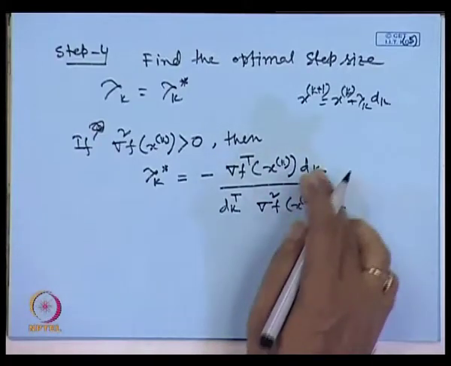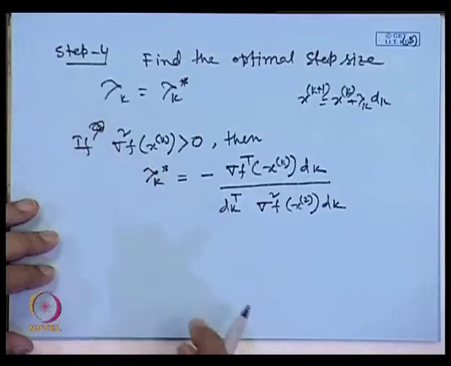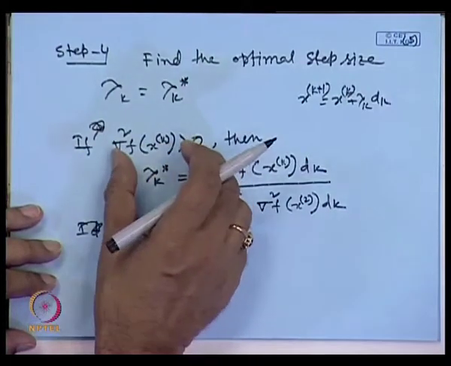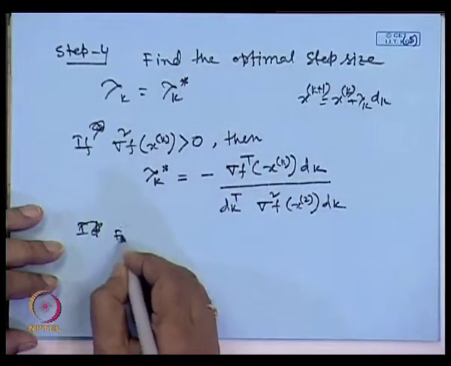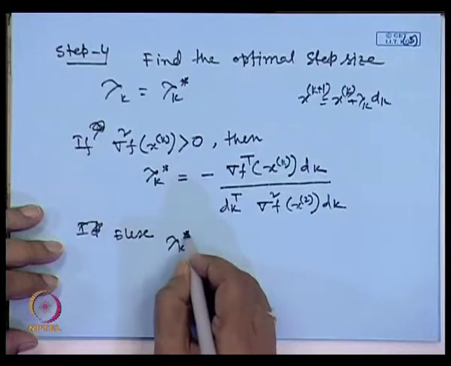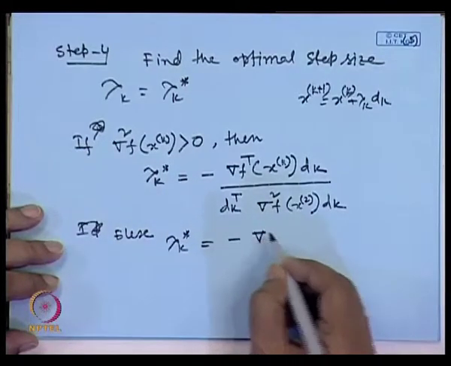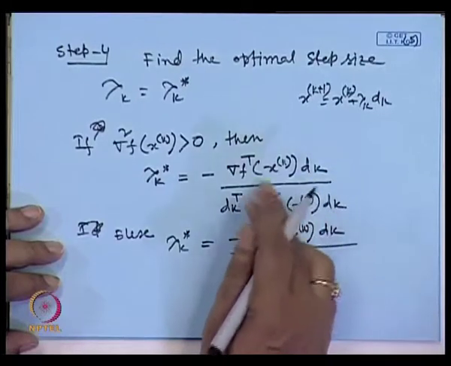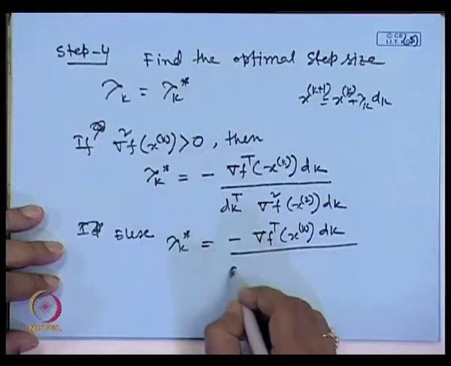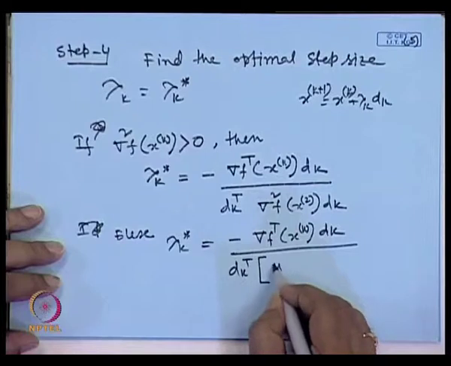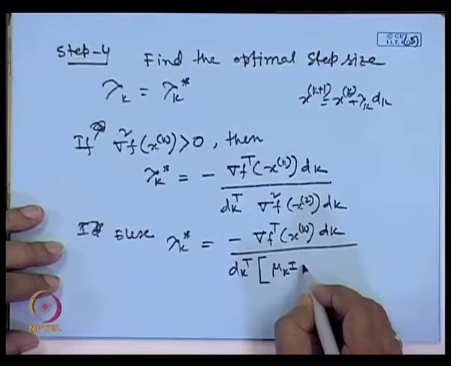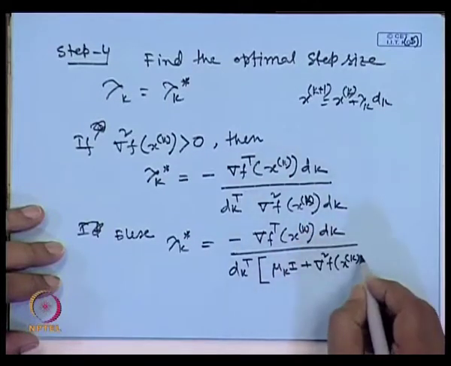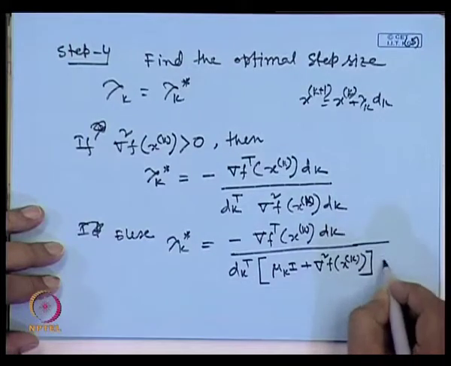this. So, I know d k, then you update that one. But if it is not true, else if this is greater than 0, meaning positive definite matrix, then update like this way, else lambda k star is equal to minus gradient f transpose x superscript k d k, but only the denominator will be changed. So, d k transpose, it will be mu k I plus Hessian, del square f superscript k, that into d k.